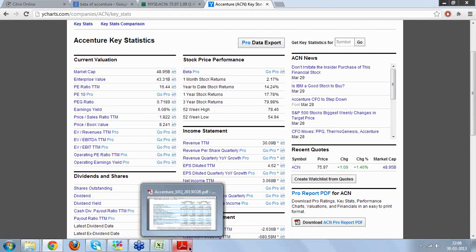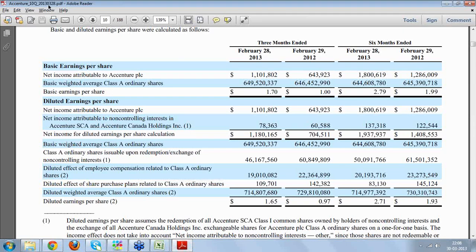This might be because this 10Q filing has come only 2 days back. So this filing has come on 28th March. Probably the market has not yet reflected the total number of shares outstanding from this, because 644 doesn't make any sense. Either they might have considered the basic number of shares outstanding, which is again 649, or they would have taken the dilution into the impact. So 644 is the figure which is correct here.